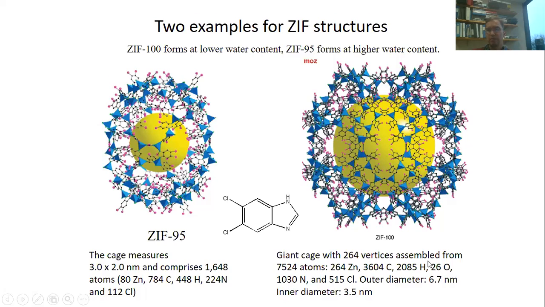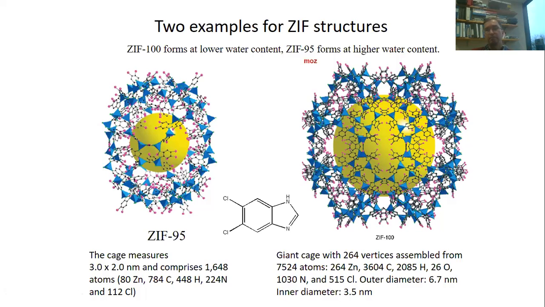That can't be right. There must be a typo here. That is certainly too little. Maybe it's not, because oxygen in theory should not even be in there. That must be from water coordinated somewhere. Then 1,030 nitrogen atoms and 515 chlorine atoms. So the unit cell size associated with these ZIFs is also extremely large.